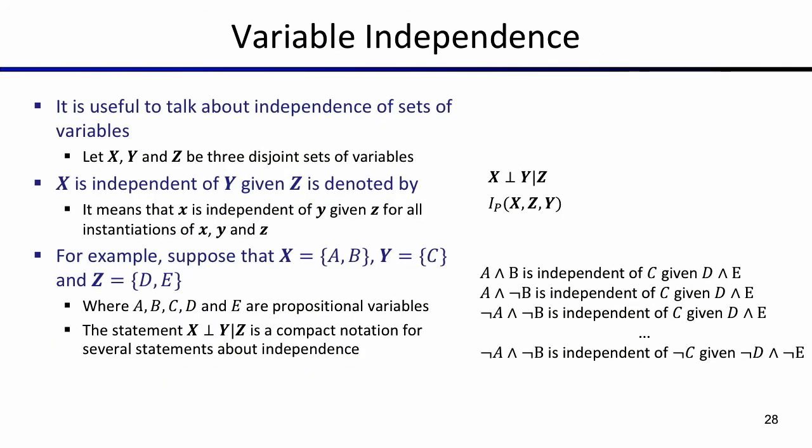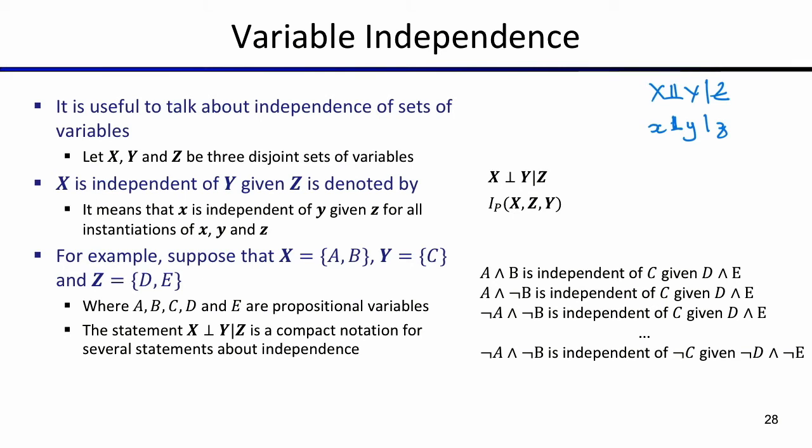So we can extend this notion of independence that we have for events to variables. If we have three variables, x, y, and z, and we want to say that x is independent of y given z, what we have to show is that for every possible instantiation, which we will call little x, little y, and little z, the event x is independent of y given the event z.